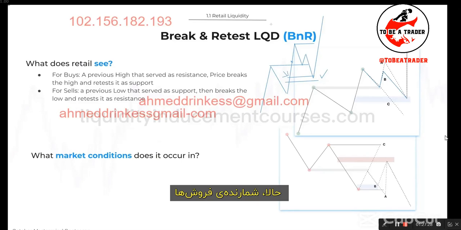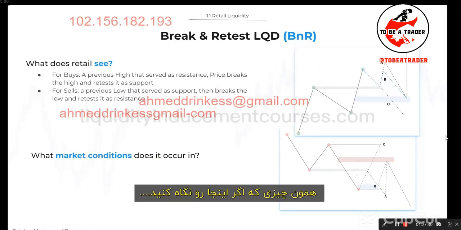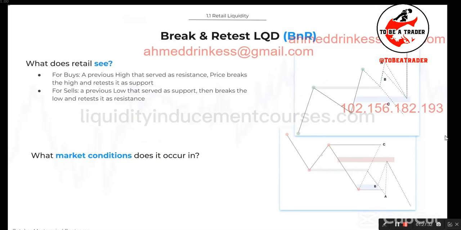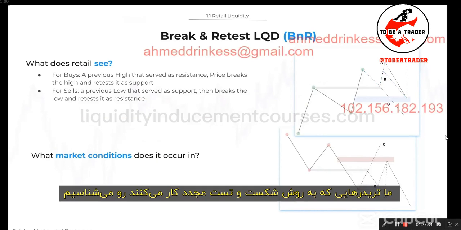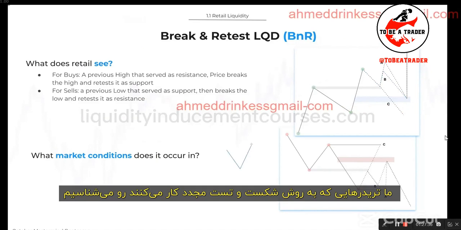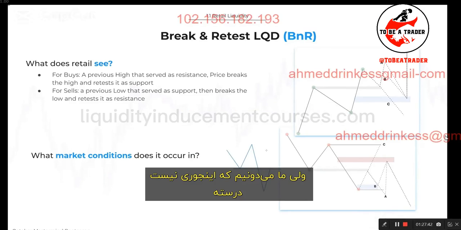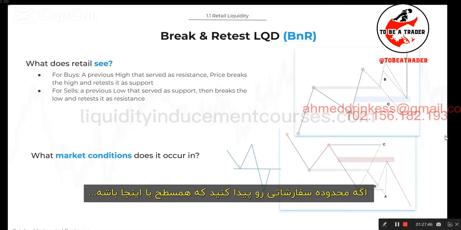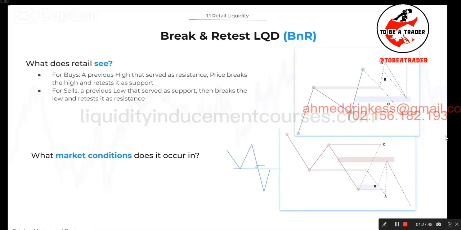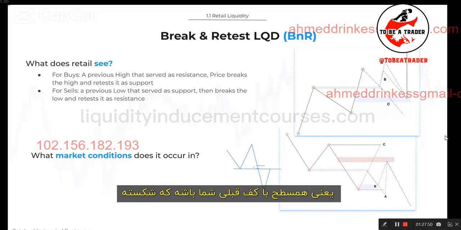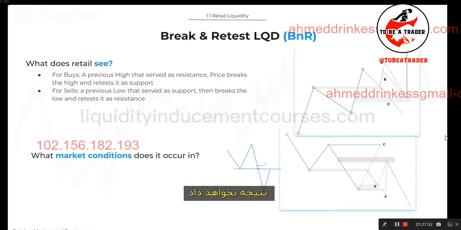Now, the counter for sells is the same thing. If we're looking over here, and we know break and retest traders look for, oh, here the low is broken, here's going to be my order block right here. We know that that's not going to be the case. If you find an order block that aligns right here with your low that was previously broken, it's not going to work.